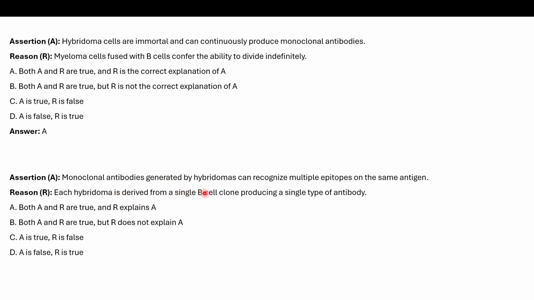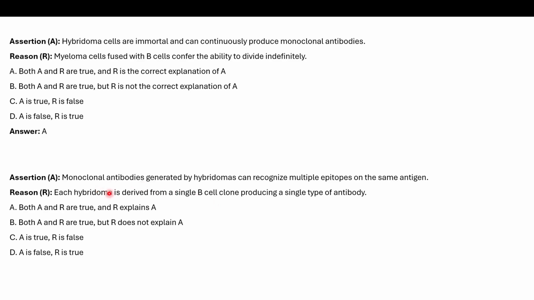And the reason is: each hybridoma is derived from a single B cell clone producing a single type of antibody. Okay, monoclonal antibodies generated by hybridomas. If multiple hybridomas are talked about, it's not talking about each hybridoma. Each hybridoma can recognize a specific epitope on one antigen. But if multiple hybridomas are produced, where one B cell clone is producing antibodies against another epitope of the same antigen, that is possible.